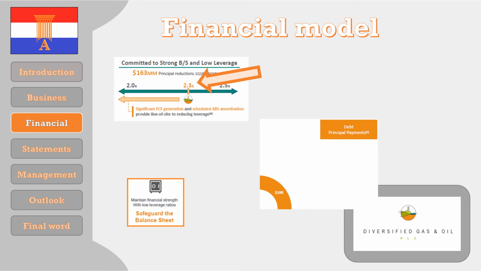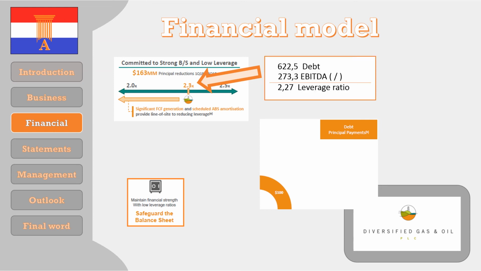If you look at the top, you will see a picture showing their debt to EBITDA, also known as the leverage ratio. You divide your debt amount by your EBITDA, which is your earnings before interest, taxes, depreciation, and amortization. If you want to know what that is, Google it, or let me know in the comments below and I'll make a video about it.